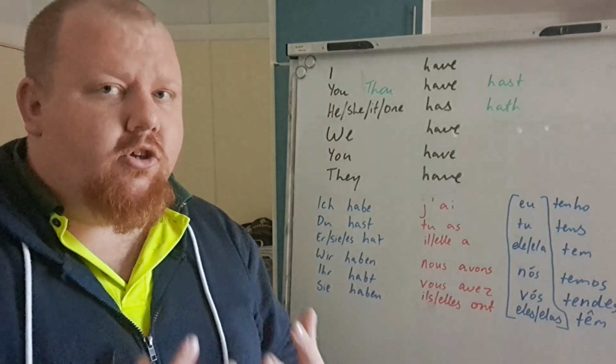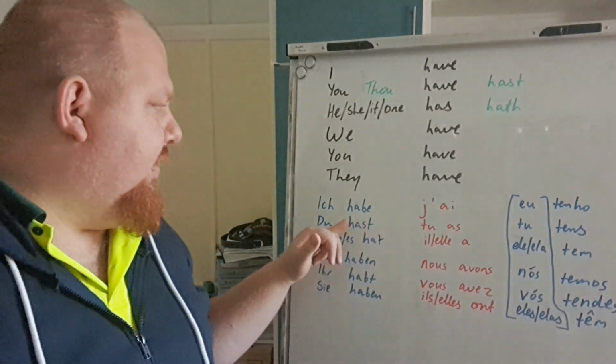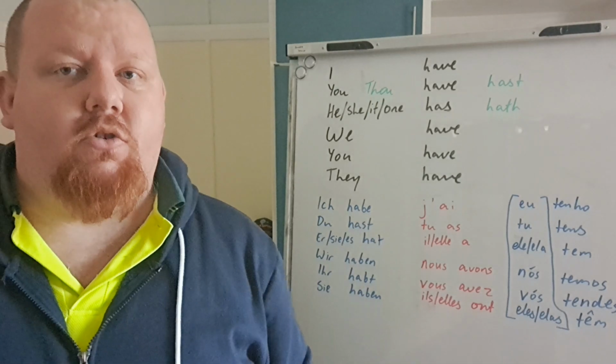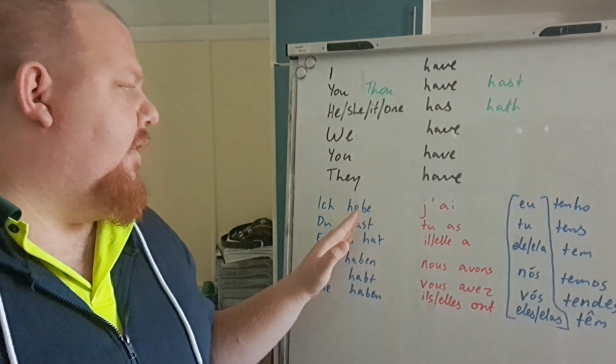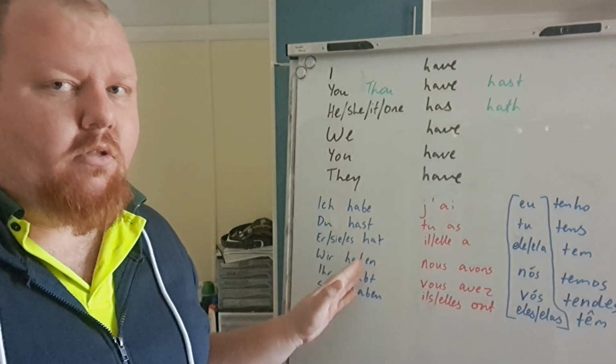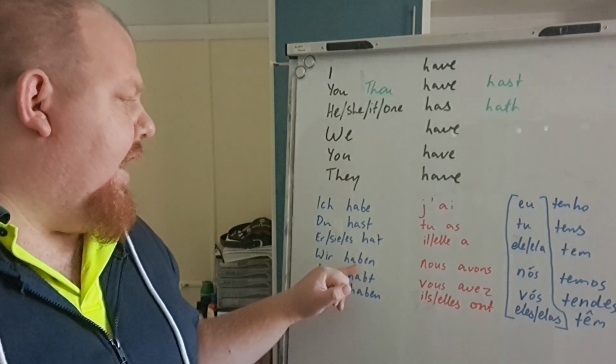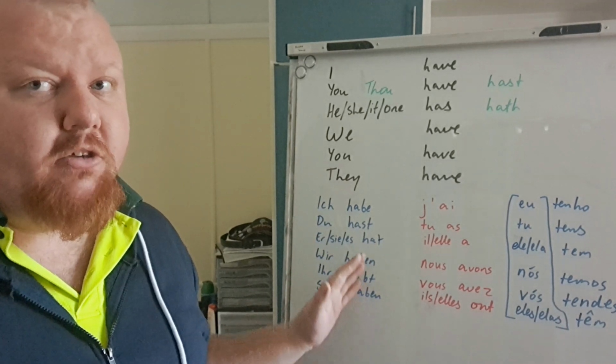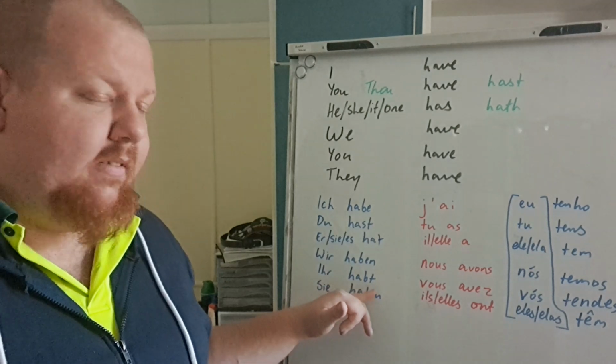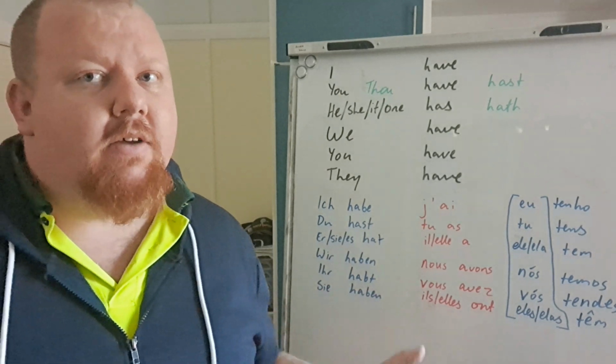So in Germanic languages, as you can see here, the verb changes quite regularly. So you have a first person form, second person, third person in the singular. Then you have a first person, third person, which is identical, but the second person in the plural is different.